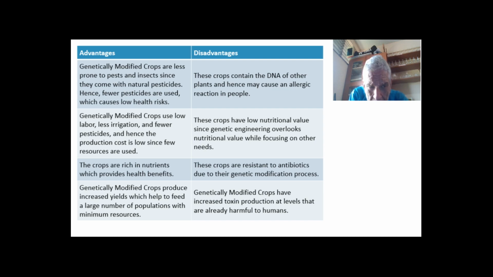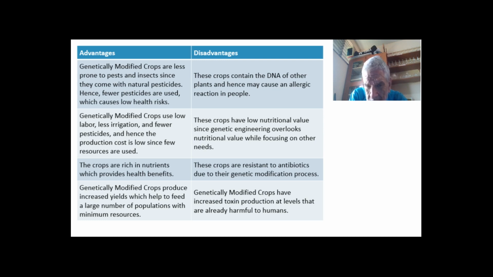And of course, that relates to those that are produced for pest resistance and so on. Of course, there are other crops where nutritional value increases. You can think, for example, of golden rice, which has high levels of vitamin A. So the next point, some genetically modified crops are rich in nutrients, and these provide health benefits.